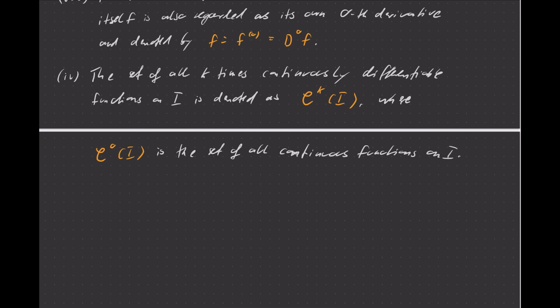And as usual, if I equals R, or if it's clear from the context what we mean, we often leave out this of I. So for I equals R, we also often write C to the power of k and C to the power of 0, respectively.